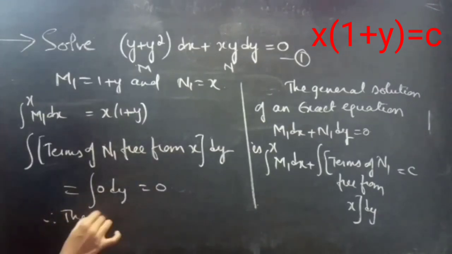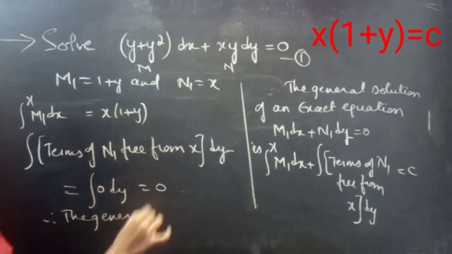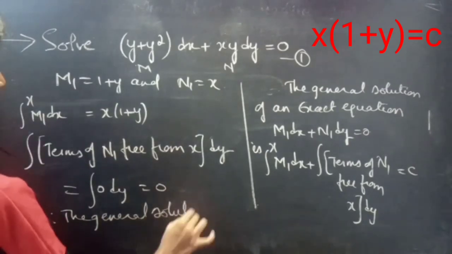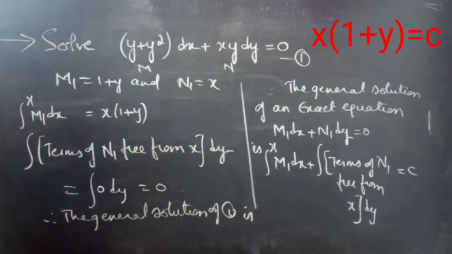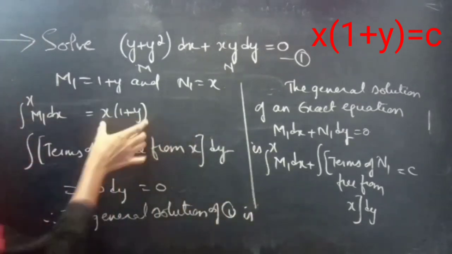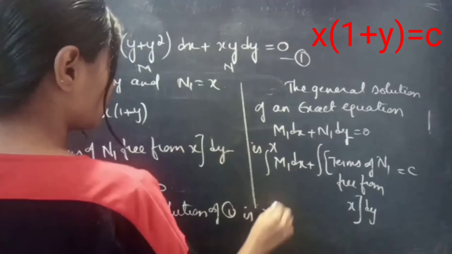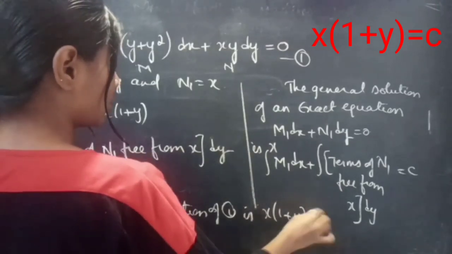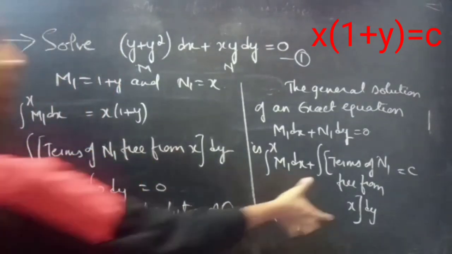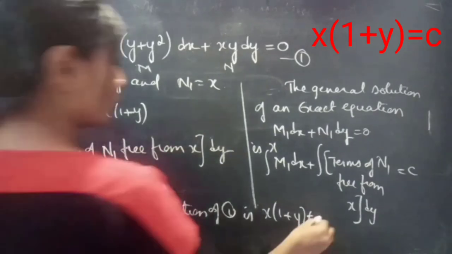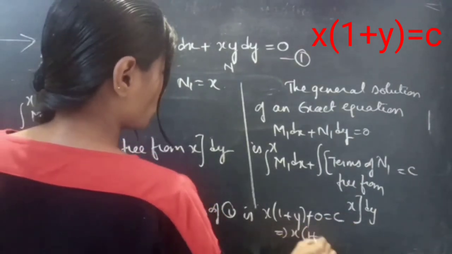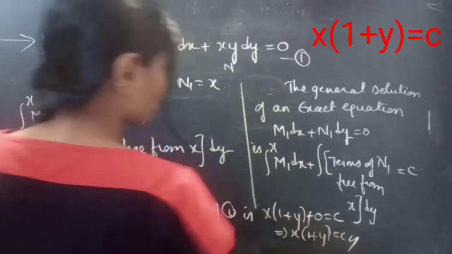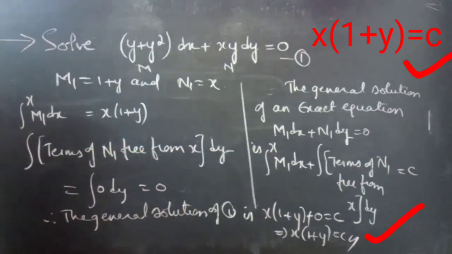Therefore, the general solution of 1 is the result obtained from the first integral, x times (1 plus y), plus the result obtained from the second integral, 0, equals c, or x times (1 plus y) equals c is the required general solution.